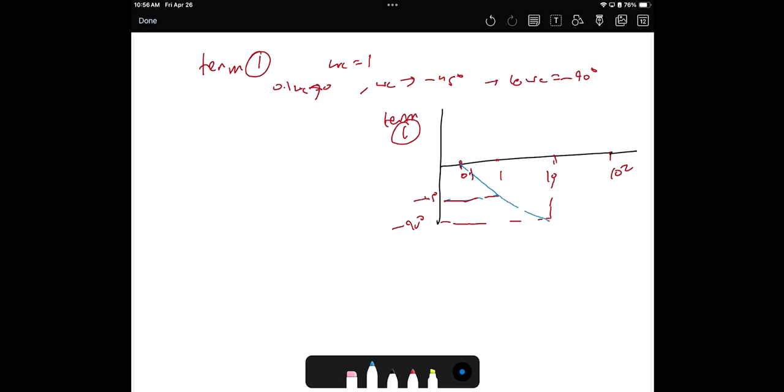After that it will remain constant at negative 90 degrees.